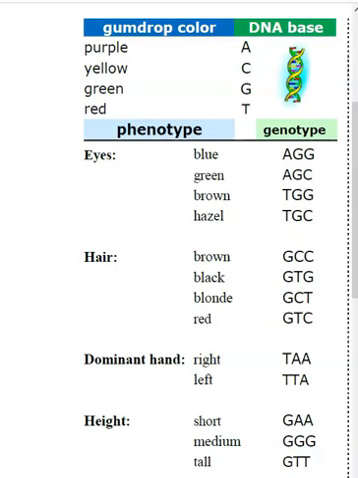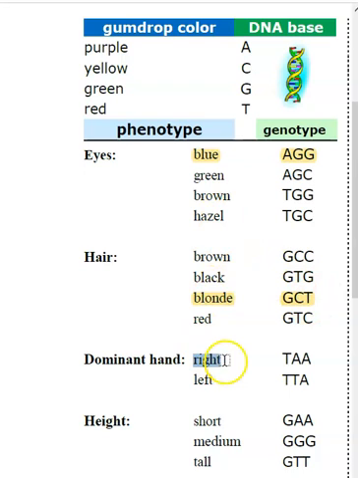Okay, so remember all this. Make sure you have this pulled up. I'll go over what all these things mean in just a moment, but the first part is the easy part. Analyze your own physical characteristics. For me, I've got the blue eyes, so I'm going to highlight this AGG. I've got blonde hair, so I'm going to highlight the GCT.